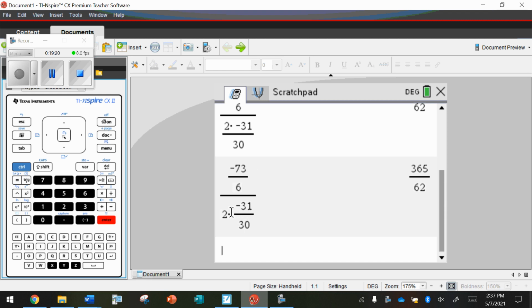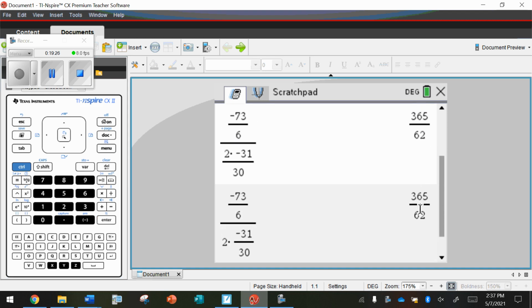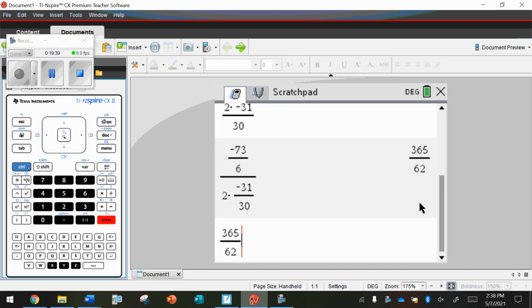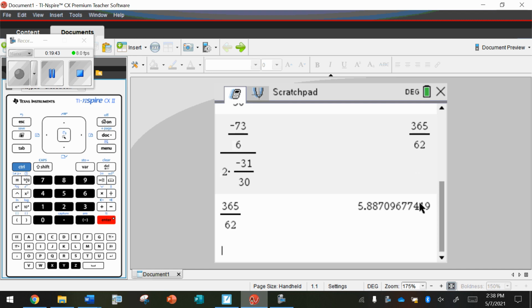But because you're multiplying times 2, either one is okay, and you can see that because I got the same result both times. Now, if we want to round this to the nearest whatever decimal, we can take our answer, hit enter, and then instead of hitting enter, hit control, then enter. It'll give me the decimal version.